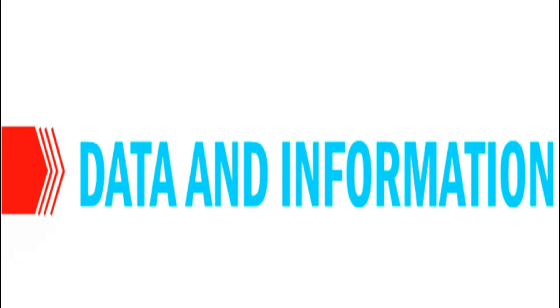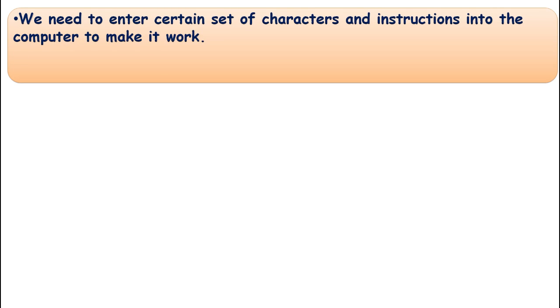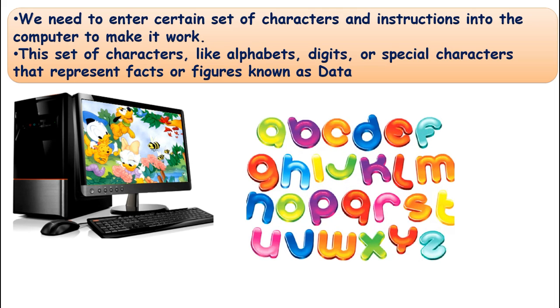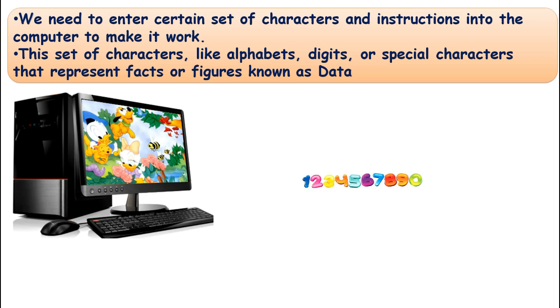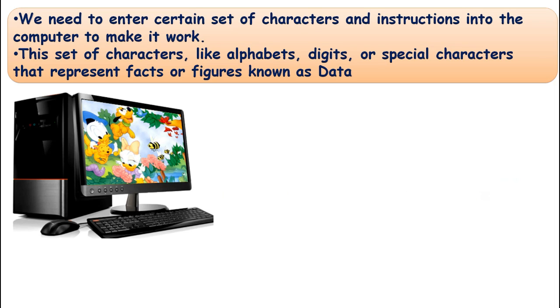Let's understand what are data and information. We need to enter a certain set of characters and instructions into the computer to make it work. This set of characters, like alphabets, digits or special characters, that represent facts or figures is known as data.